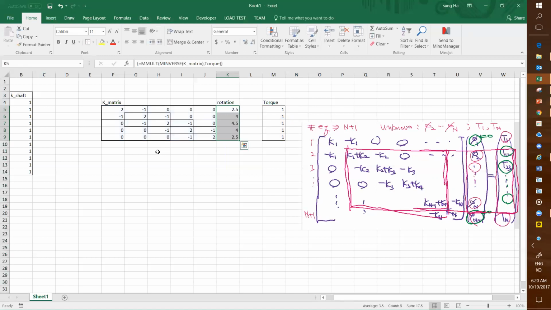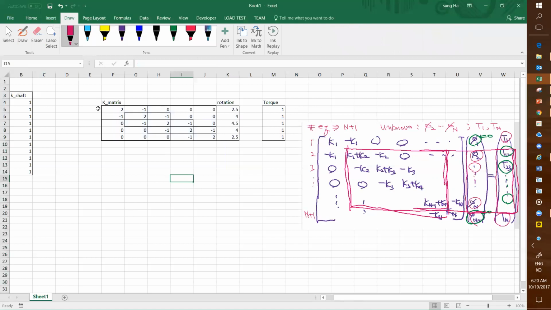Okay, so that is the rotations. Let me double check.